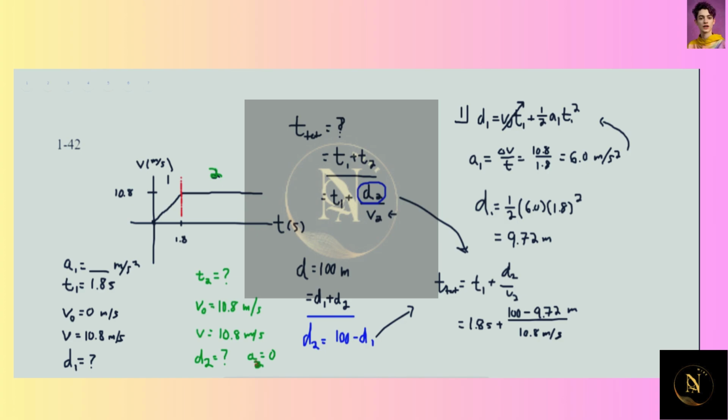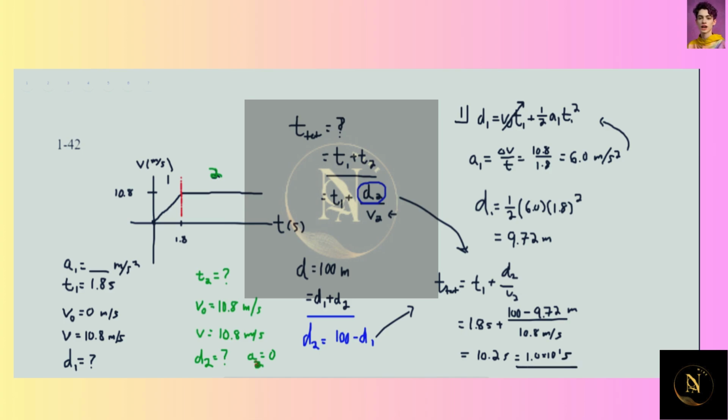We solve for this, and we find that the total amount of time to two significant figures is 10.2 seconds, which we can round to 1.0 times 10 to the 1 second.